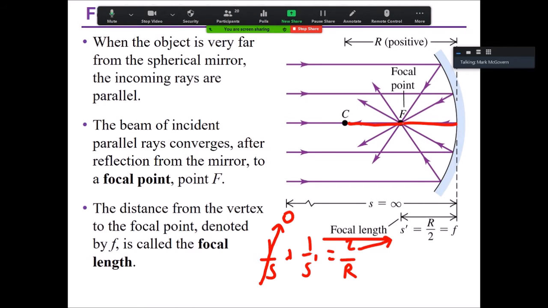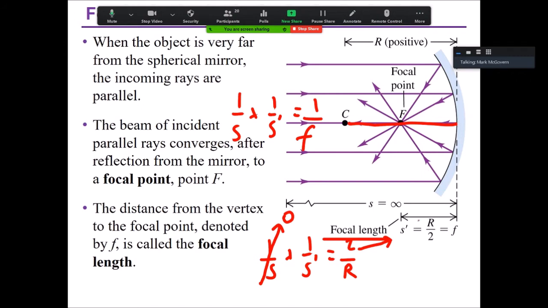So the focal length can be replaced in the equation. So the equation can be, I'll write over here again, 1 over s prime equals 1 over f, where f is the focal length. That's another way we can write that equation, and it just depends on what information you're given.